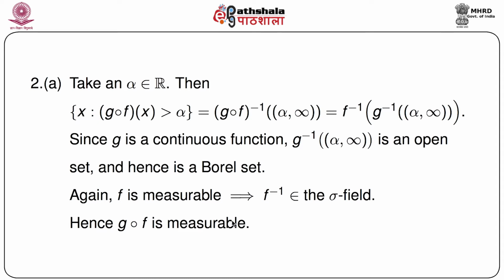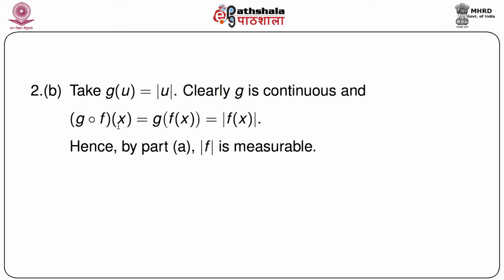So we can immediately say that g composition f is also measurable, because from the second line we observe that the right hand side belongs to the sigma field, and hence g composition f is measurable. So the technique is only to look at the inverse image, and of course the continuity of the function g.